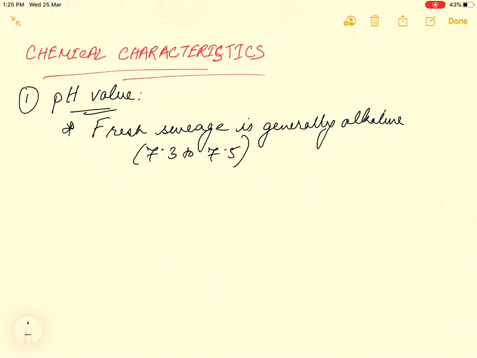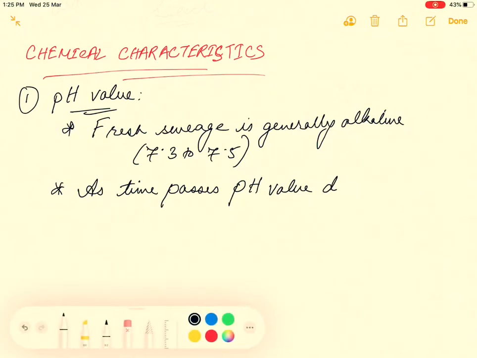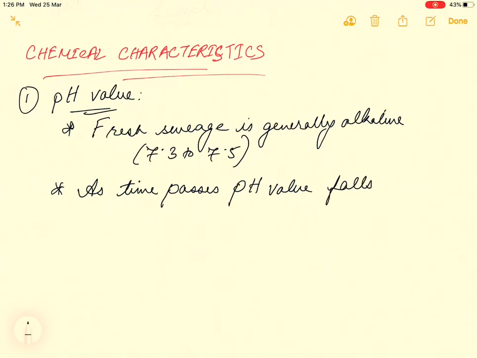As time passes, the pH value falls due to the production of acids.